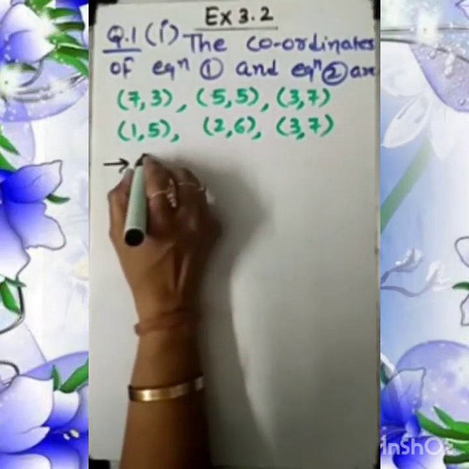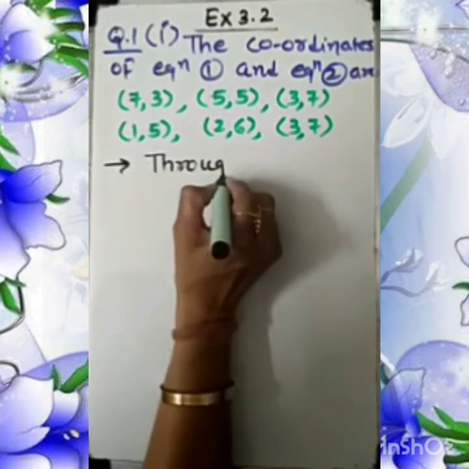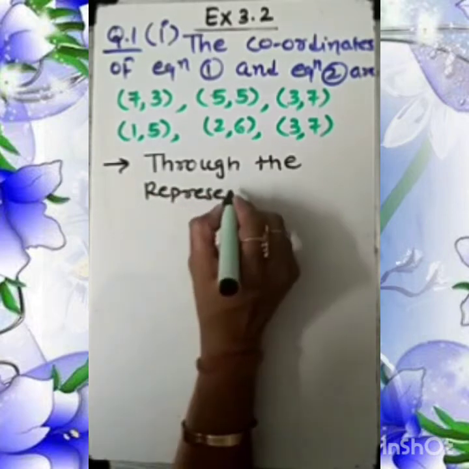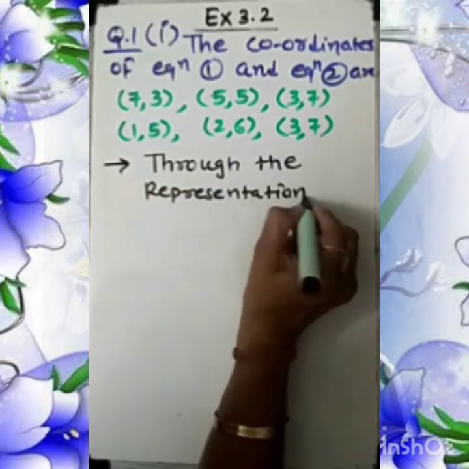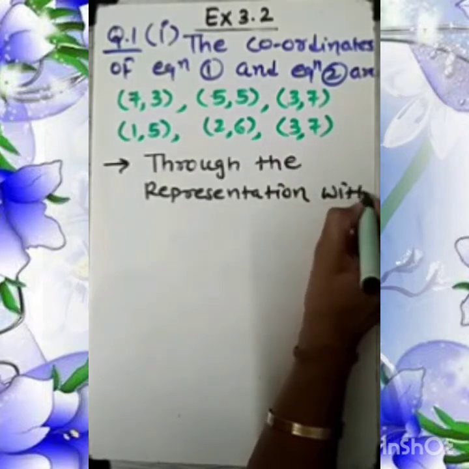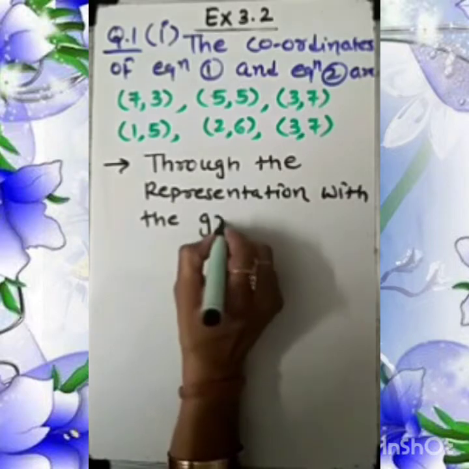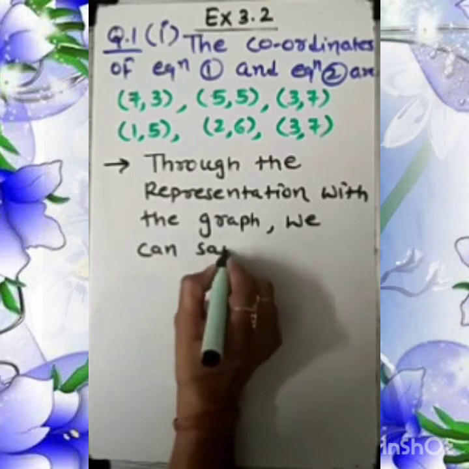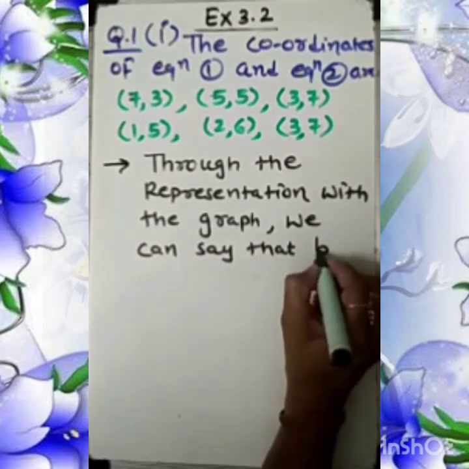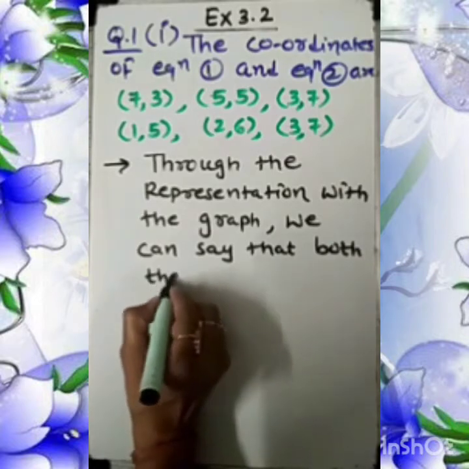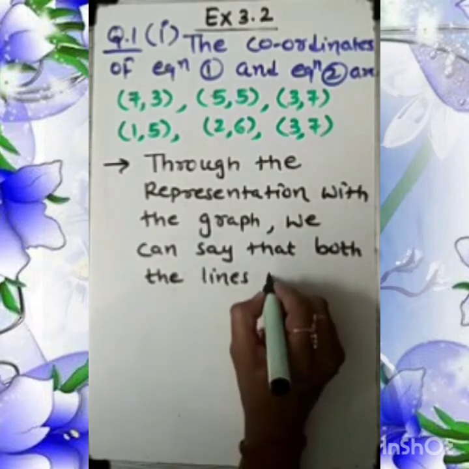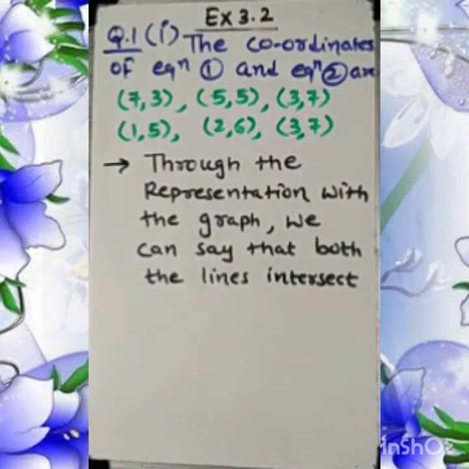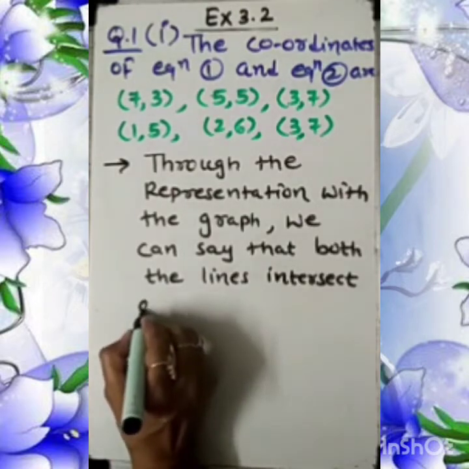Through the representation of the graph, we can say that both the lines intersect. Both the lines intersect at a point.